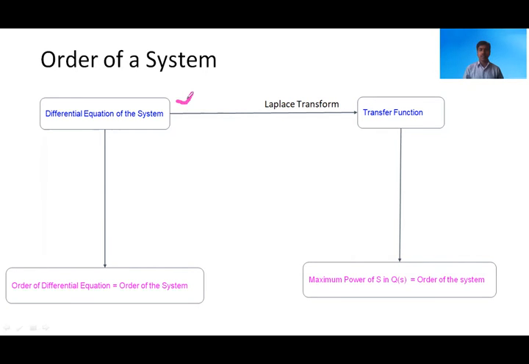After getting the differential equation, we can find the order from the differential equation like the maximum power of the derivative. What is the maximum power of the derivative? Is it 1 or 2 or 3? That indicates the order of the system. It is one way of finding the order of the system.